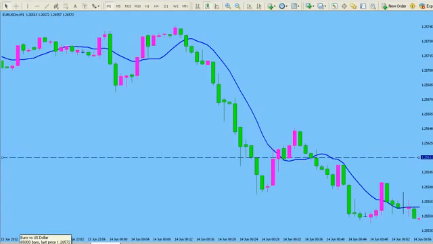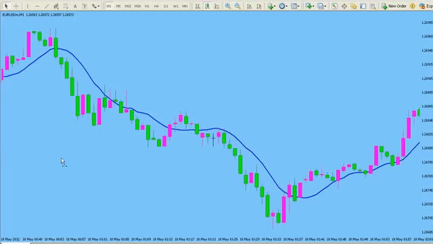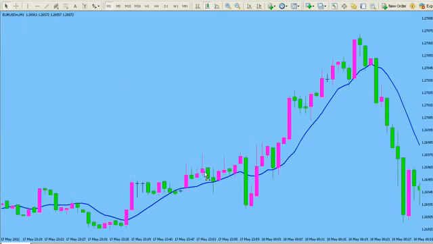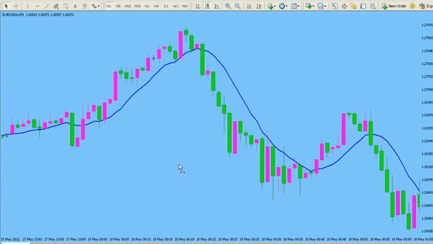Let's take a look at, I think this one is that chart, and this may illustrate it a little bit better. Moving stop loss. Okay, let's go ahead and move that stop loss. When you get down here to the bottom, now this is a better illustration of the moving stop loss.